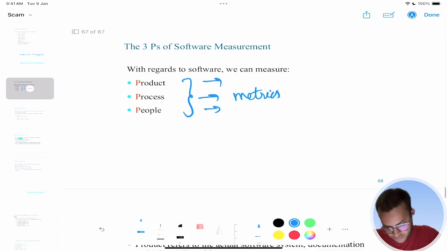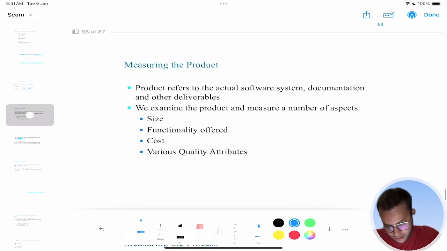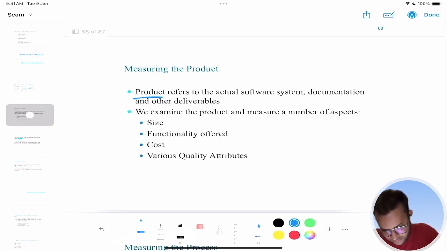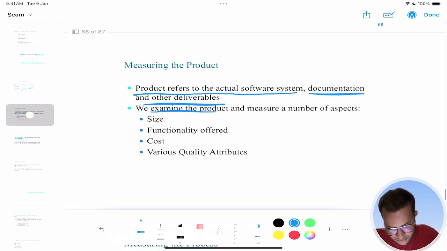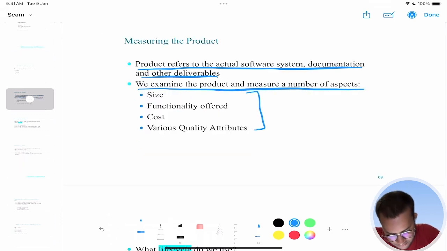Now, first we have the product metrics. Product refers to the actual software system, documentation, and other deliverables. We examine the product and measure a number of aspects. A product can have various aspects. The first aspect is size, whether it is large or small.